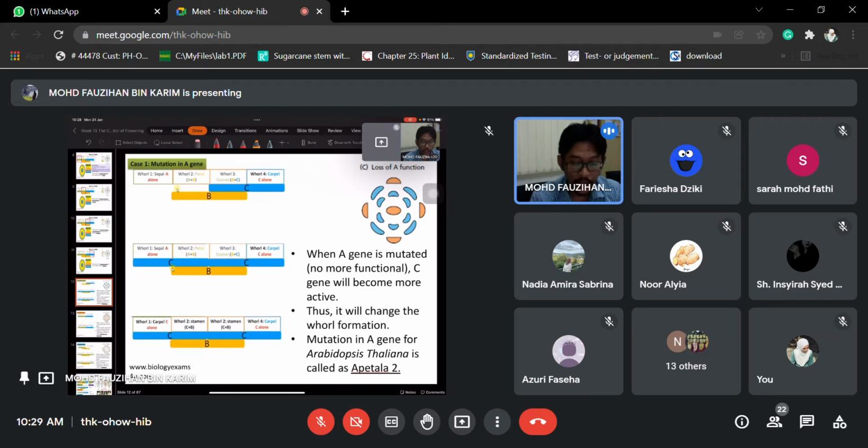So tukang masak akan baca resepi nasi lemak, alright, dan translated into a physical nasi lemak dan hasilkan nasi lemak.